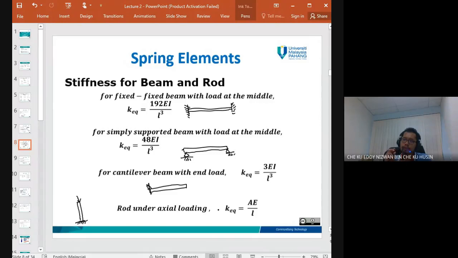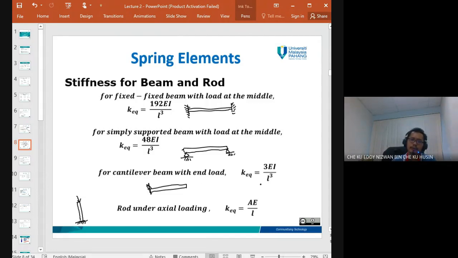So even if you have a cantilever beam, determining the equivalent stiffness also depends on the motion that you consider. For example, this one is a beam you fix at the end of this shaft. If you want to consider the horizontal motion, you put a mass on top of it, so you have to consider it as a cantilever beam.